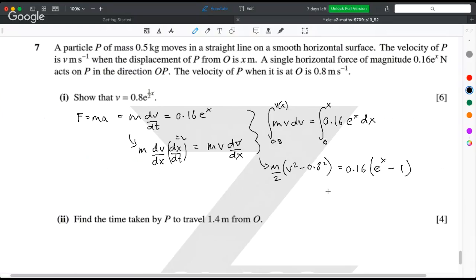And then if you solve this and take the square root, you get that v is equal to the square root of (0.16 e to the x minus 0.16) all times 2 over m, plus 0.8 squared. And then you see that this is equal to 0.8 e to the x over 2, remembering the rules about exponents. What you'll actually get is that the non-e to the x bits cancel out, and you're left purely with e to the x, which you square root, and then that square root becomes a half in the exponent, and you multiply those together.